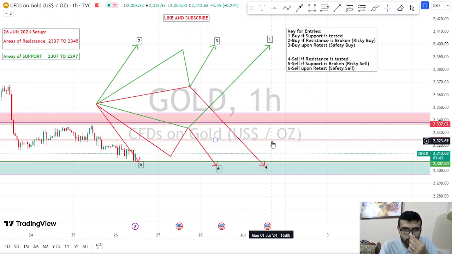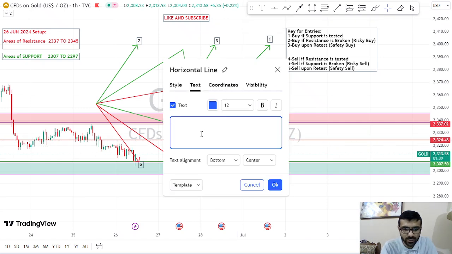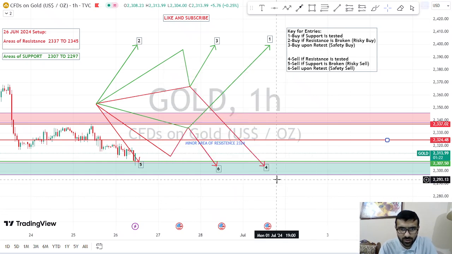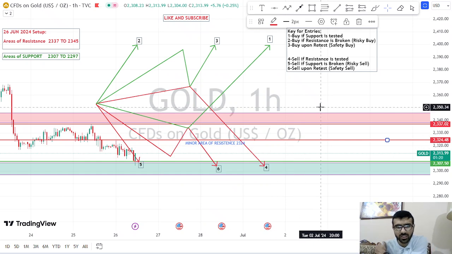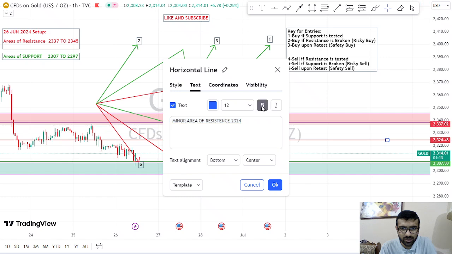Okay, so let me write down minor resistance, 2324. Okay, so just look for good entries of selling, and I hope that you guys will be making some good profits.